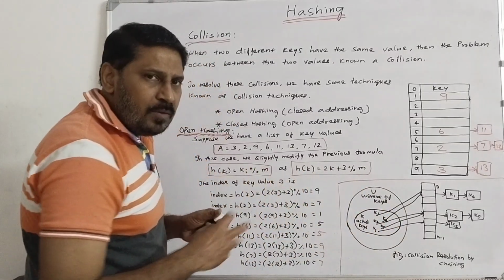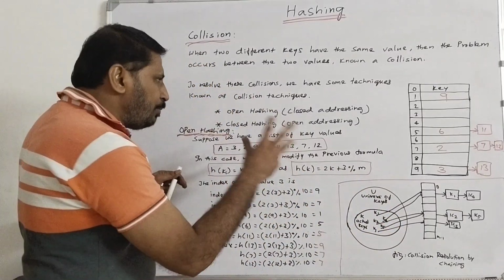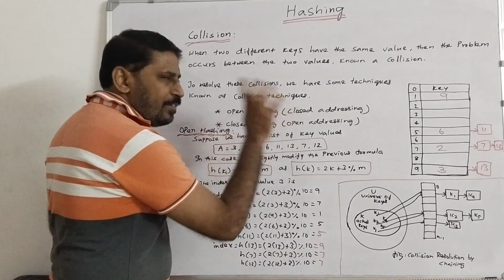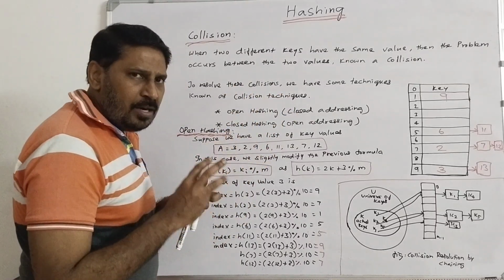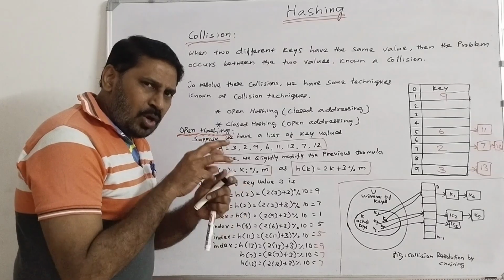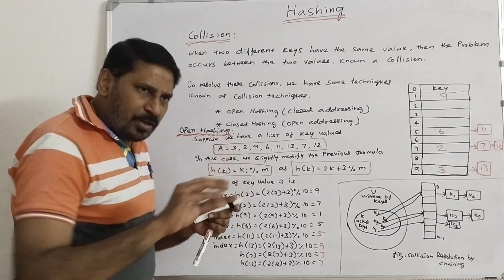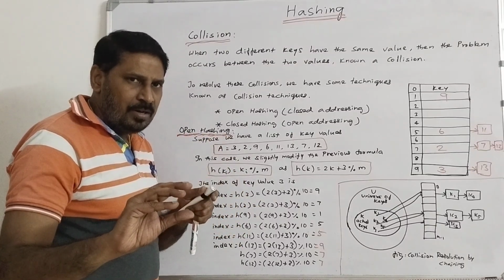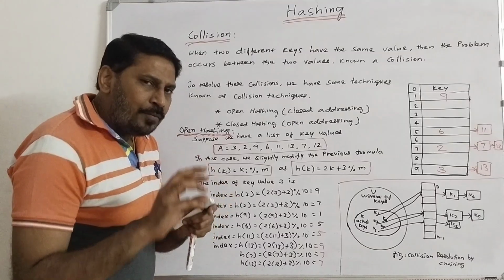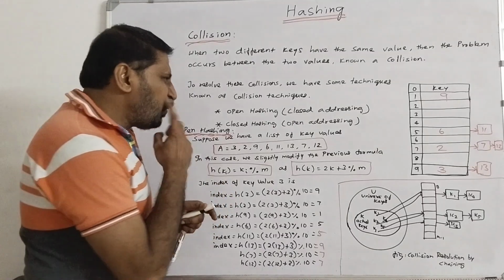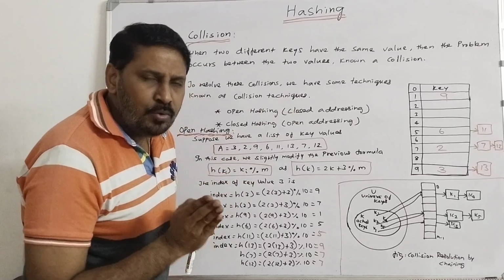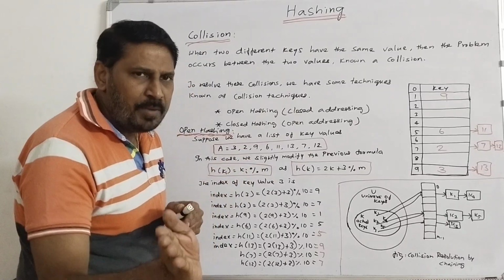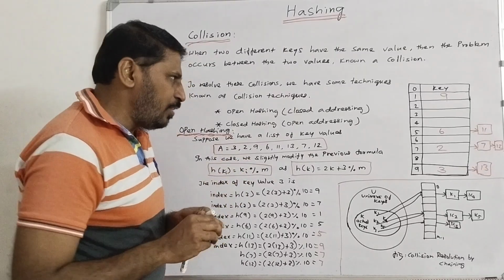So through this chaining method, I overcome the collision problem under the open hashing method. What is open hashing? If a particular entry of the hash table is already filled, we create a chain, newly opening one memory address and storing the information there.